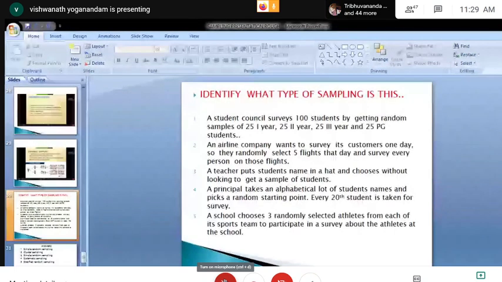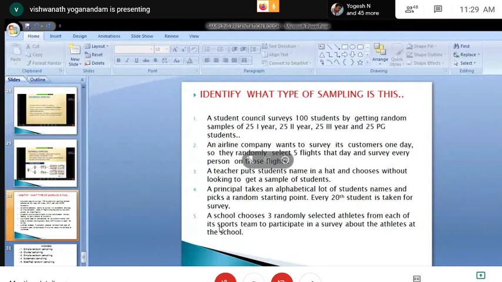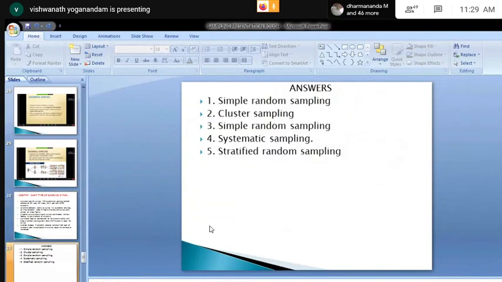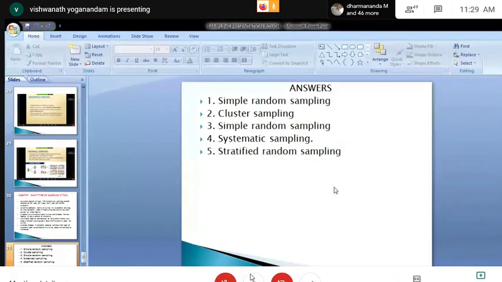So you are choosing 3 athletes from each team. Suppose there are 5 teams. From each team, 3 people are randomly selected. That's why we call it stratified random sampling. Just remember this.